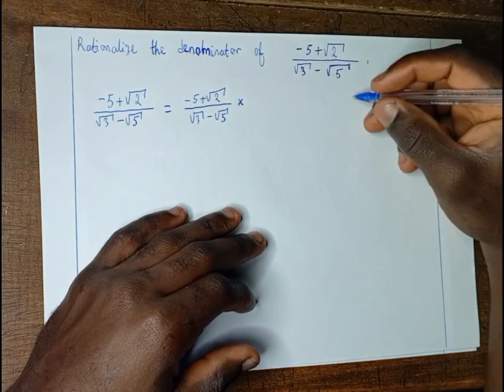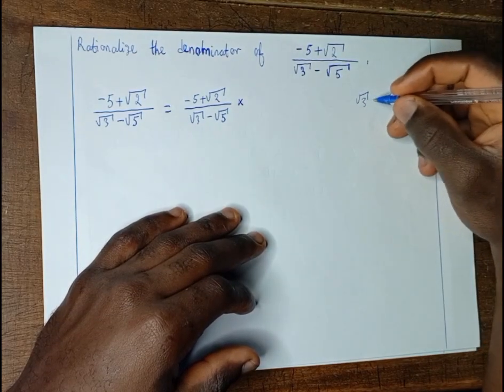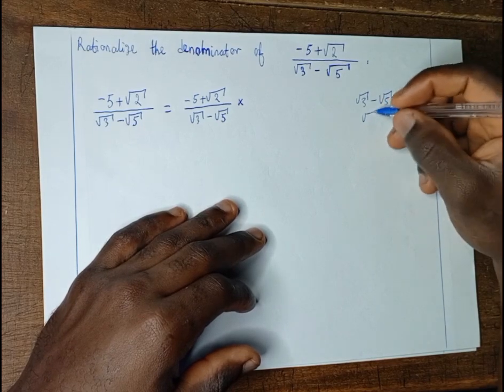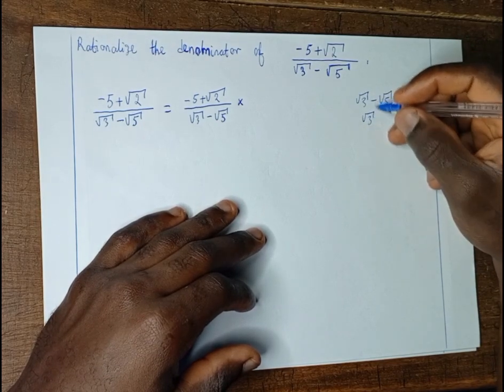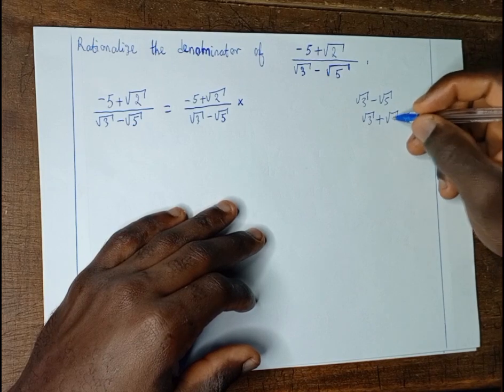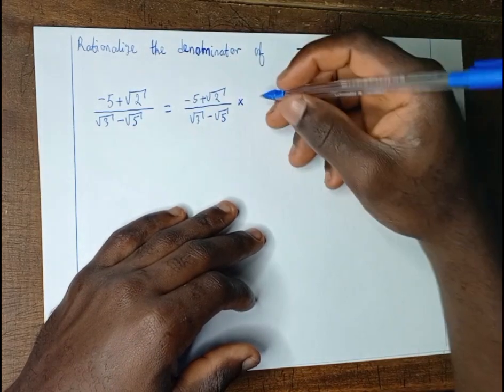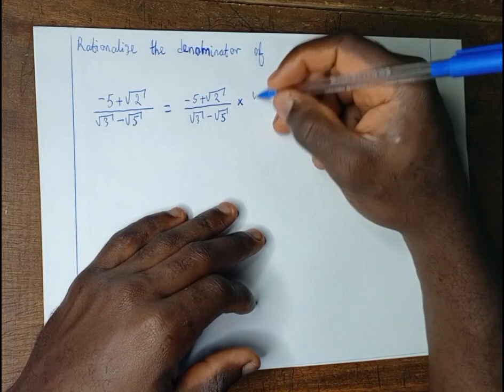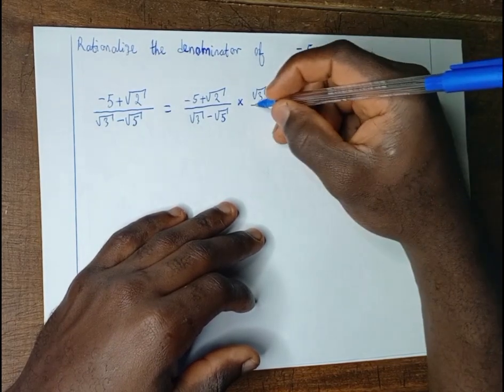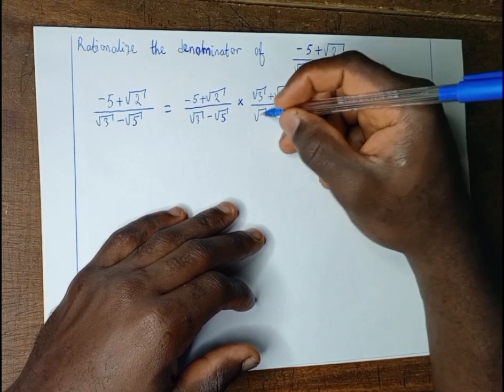And the conjugate of √3 - √5 is simply √3, we change the operation sign, which is minus, to plus: √3 + √5. We multiply the numerator by √3 + √5 and the denominator by √3 + √5.